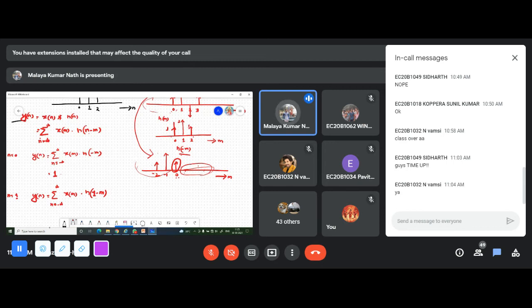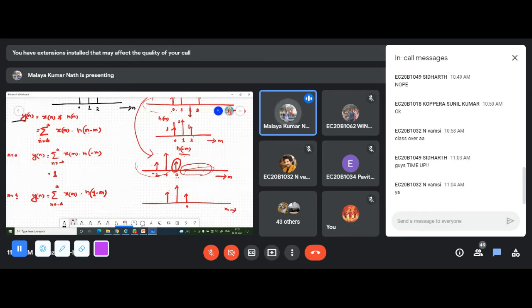This is h of minus m shifted by 1 unit. So whatever is present at 0 will go to 1, whatever is at minus 1 will come to 0, and whatever value is at minus 2 will come to minus 1.